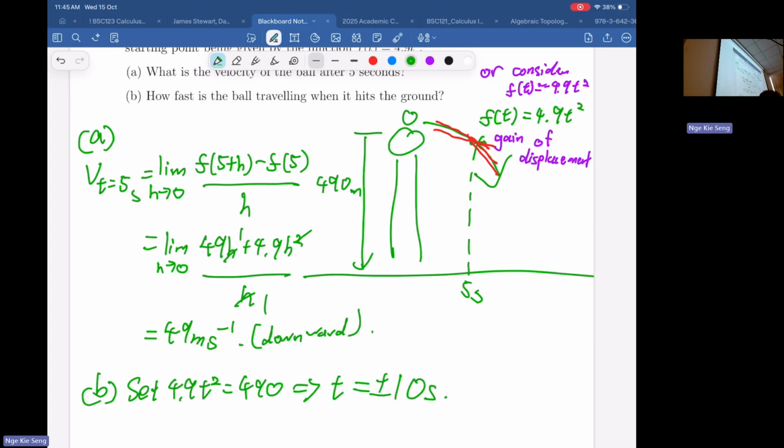Unless your clock goes backward. So it's 10 seconds. Then you find v at t equals 10 seconds, using the same method. If you compute it, it's actually 98 meters per second. Makes sense? Try to go back and do the calculation.